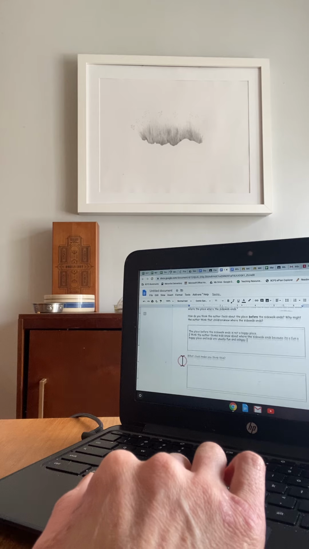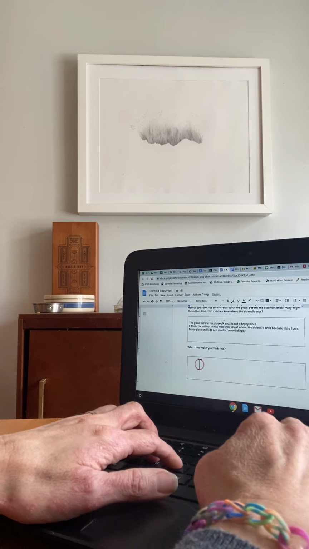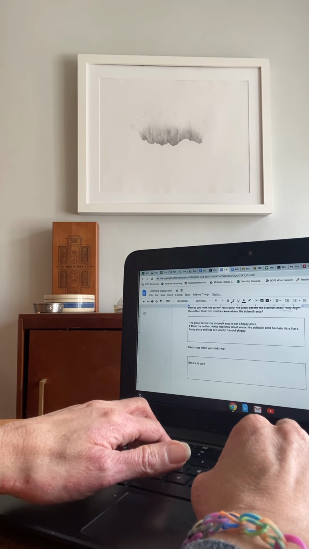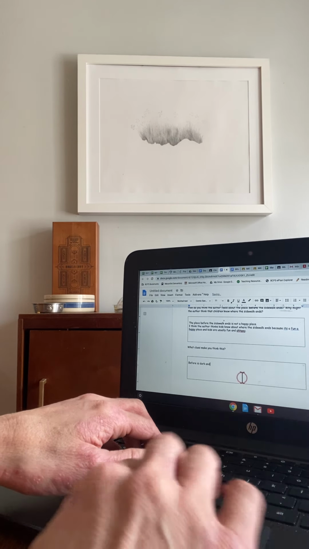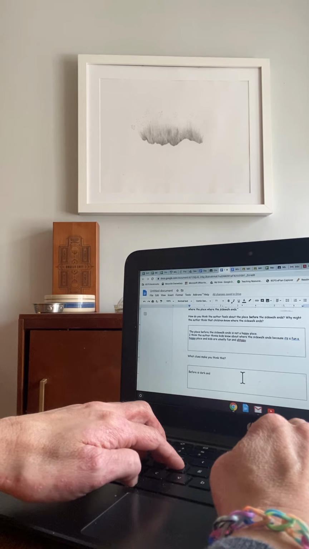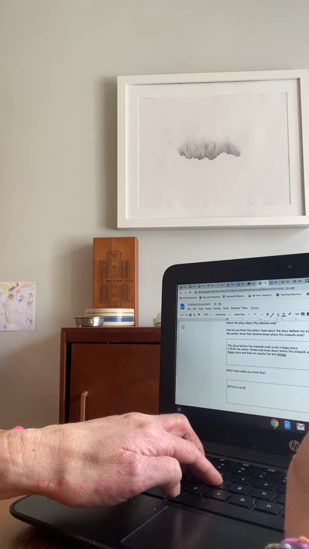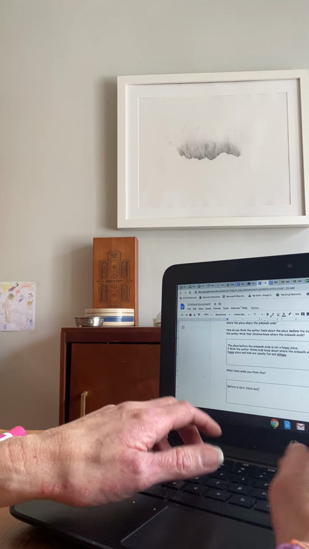And then it says, what clues make you think this? Well, the place before is dark, and what else does he say? He says it's dark and it's black. Dark, black, and smoky.